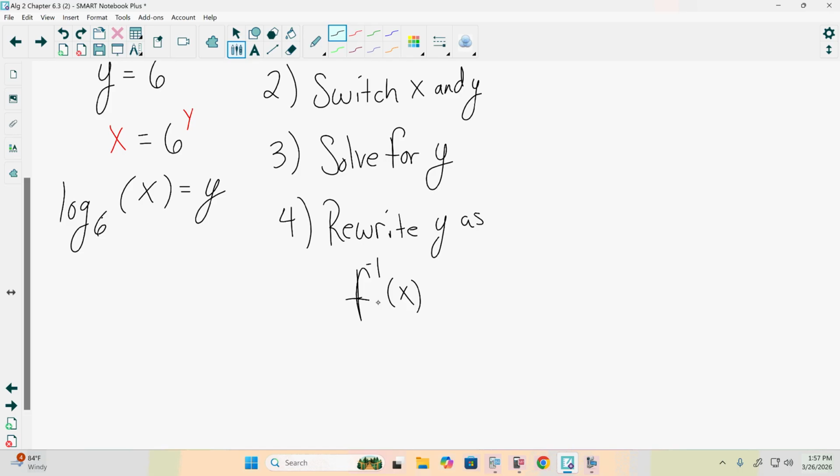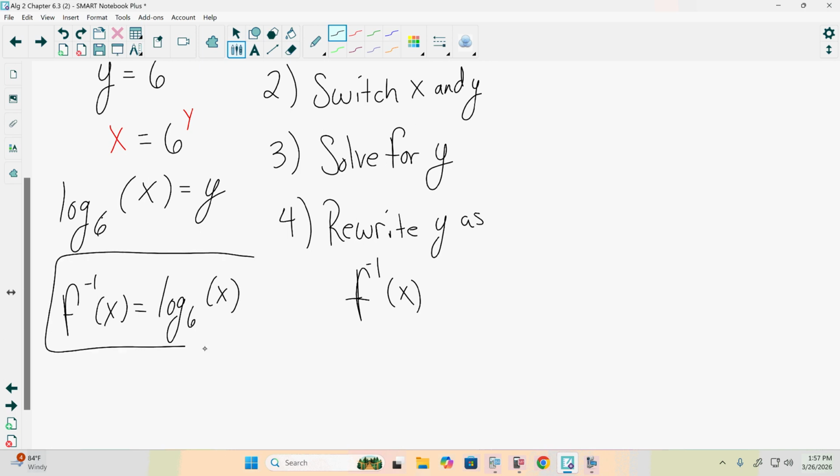And the last thing we have to do is rewrite y as f inverse of x. That -1 power signifies, especially in function notation, that is the inverse of f of x. So we'll rewrite this as f inverse, f to the -1 of x equals log base 6 of x.